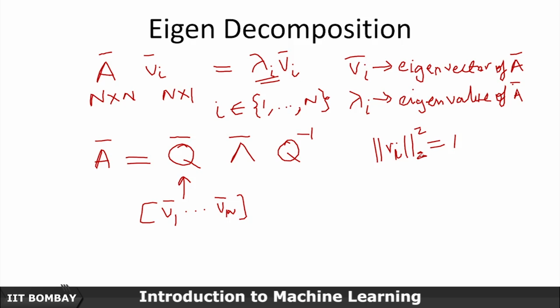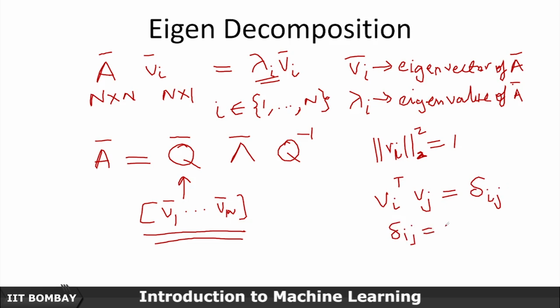Now if you take a set of eigenvectors and stack them up and make a matrix Q, the other property is that Vi dot Vj is going to be delta ij. What is delta ij? Delta ij is equal to 0 when i is not equal to j, and is equal to 1 when i is equal to j.